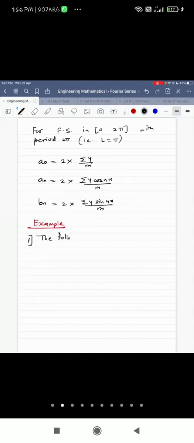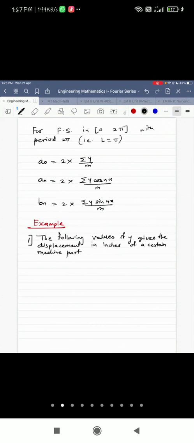The following values of y give the displacement in inches of a certain machine part for the rotation x of a flywheel.